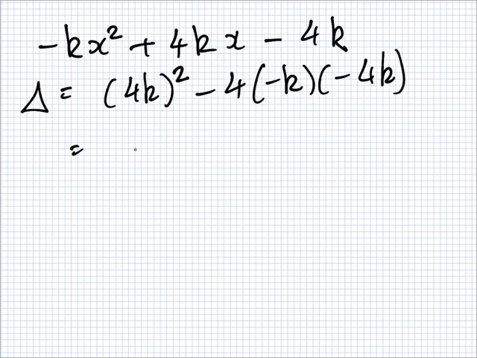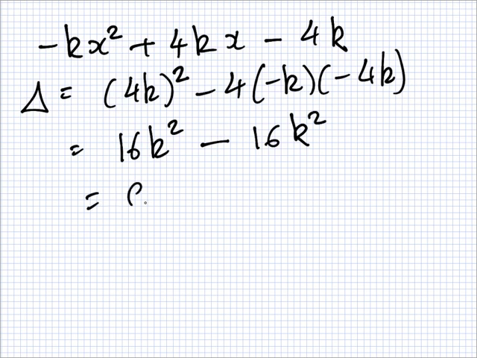What's 4k squared? 16k squared. Minus minus minus, so 16k squared. So the discriminant is 0, and 0 means 1 root.